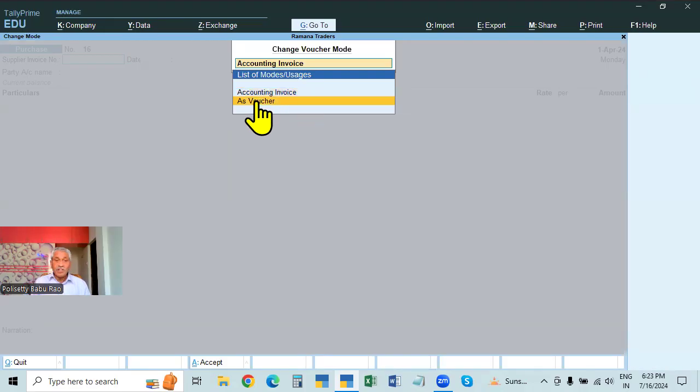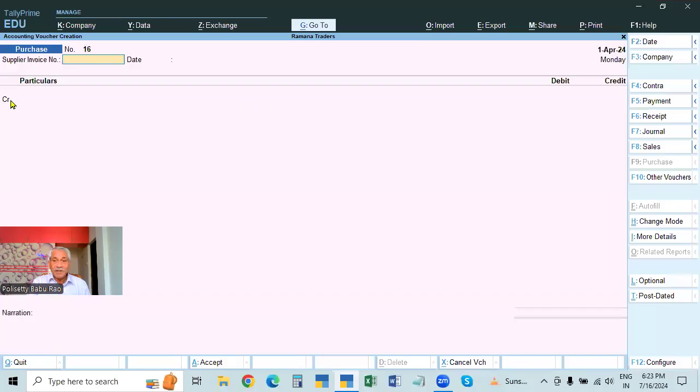If we take it as voucher, it will take debit and credit. For purchases we have to enter the supplier invoice number, because purchases from different suppliers will have different numbers. The date will be the date of entry.